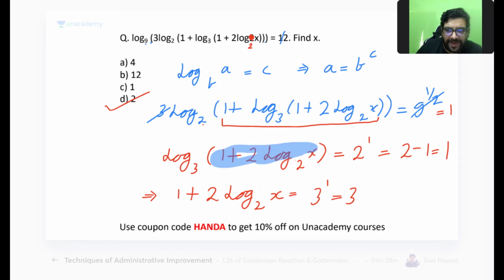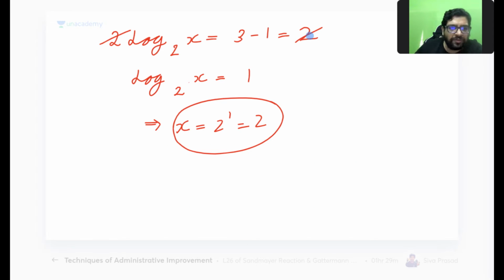Now, whatever is inside the bracket will be equal to the base to the power on the other side. So this is equal to 3 to the power 1 or 3. Then 2 log x to the base 2, this part will be 3 minus 1 or 2. Then 2 and 2 will get cancelled. So I'll be left with log x to the base 2 as 1, or I'll get the value of x as 2.